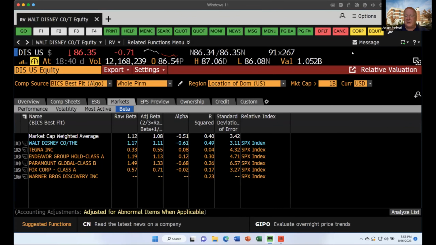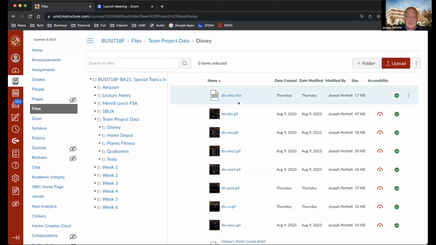All right, so the plan for the rest of the data, and you can kind of get a sense of this with the Tesla team, or I'll just move these files back here. The remaining files that you need to do your analysis, I'll be posting tonight. As I said, I think we're going to have a shortened version of the class.